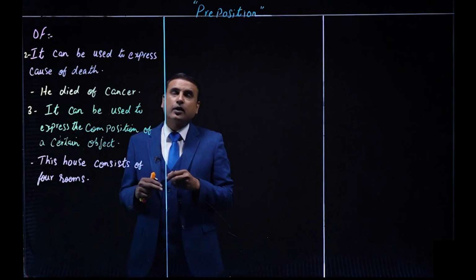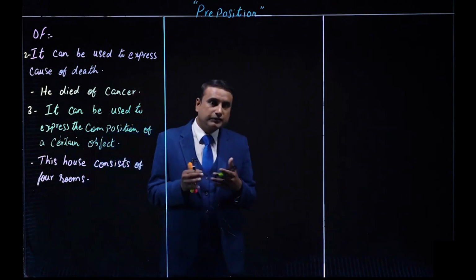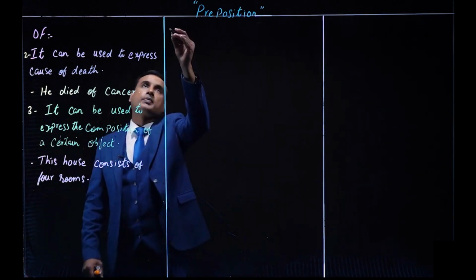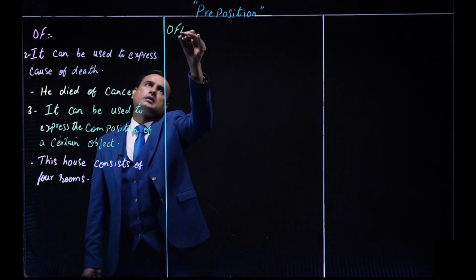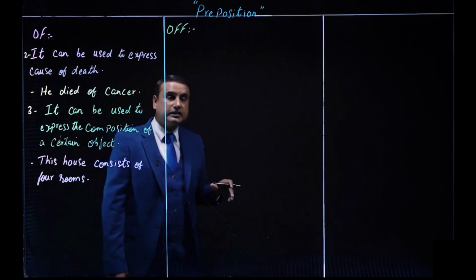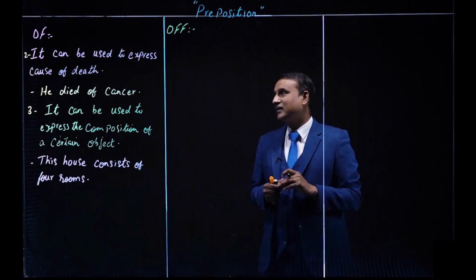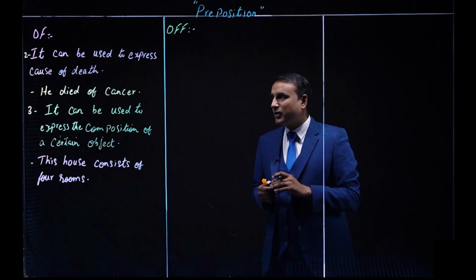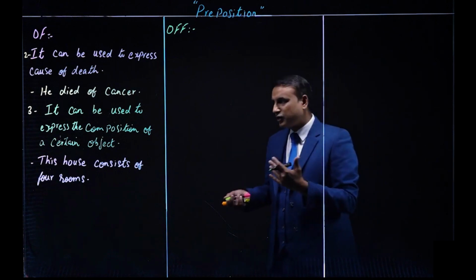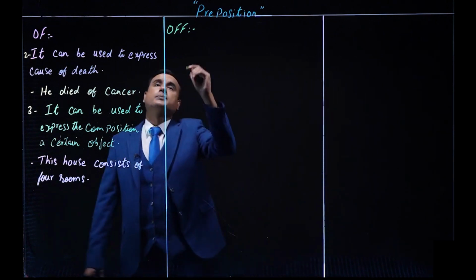Now there is another of, and you often get confused while talking about the two, that is off with double F, and you are often feeling confused about what is the right of to use in a particular place.